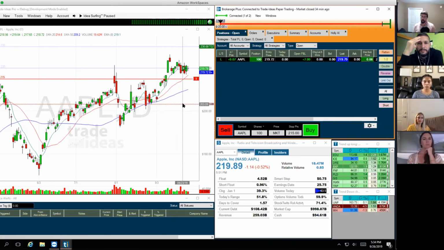Now, couple caveats on this. We've talked about gaps a lot. You see that Apple gap down right here. If it gaps, you're not going to get filled in that gap, right? There's just no trading and there's no price action. That's just a risk of trading, right?